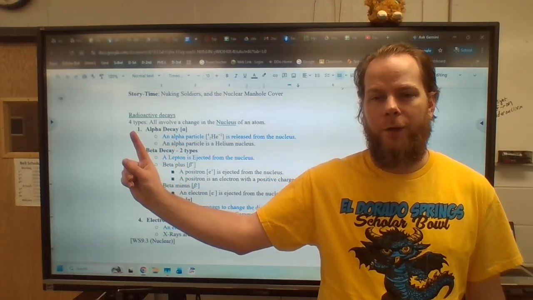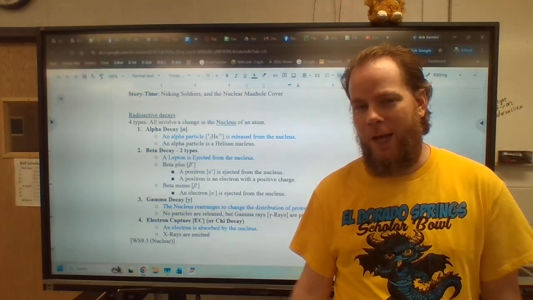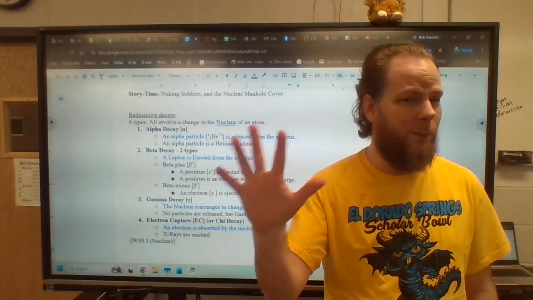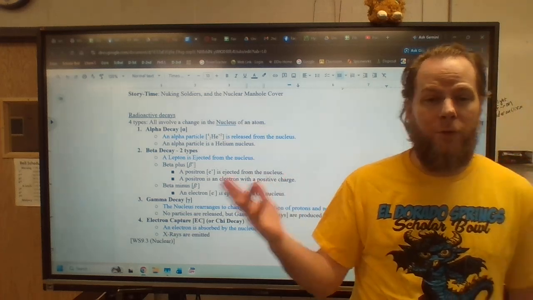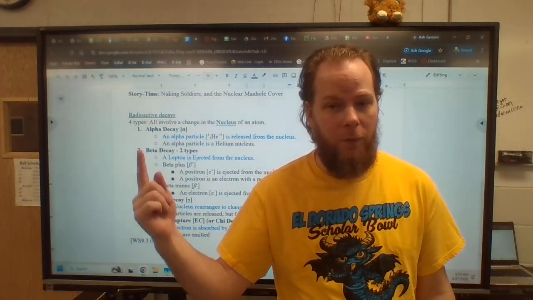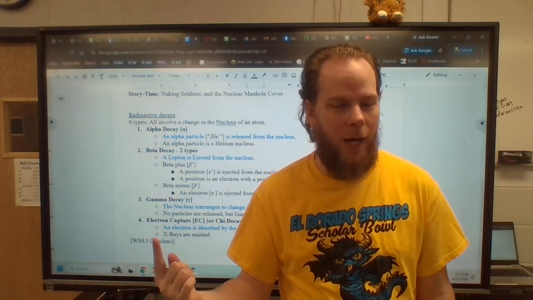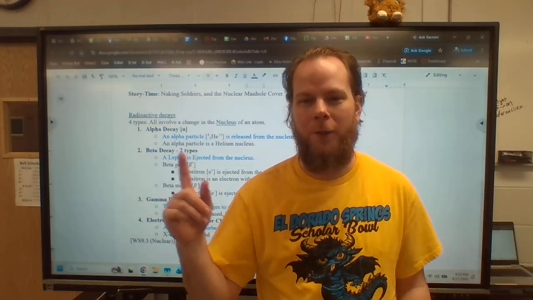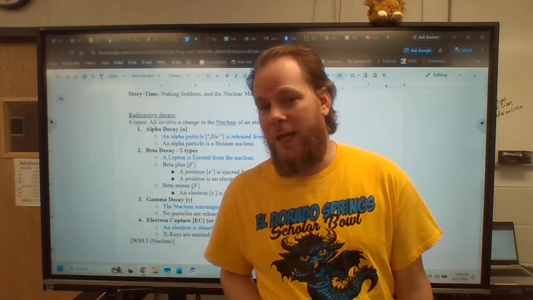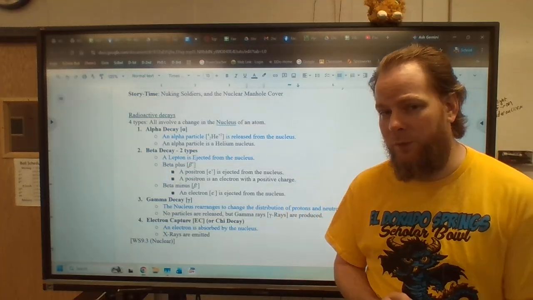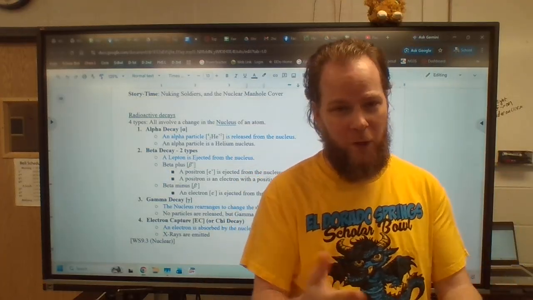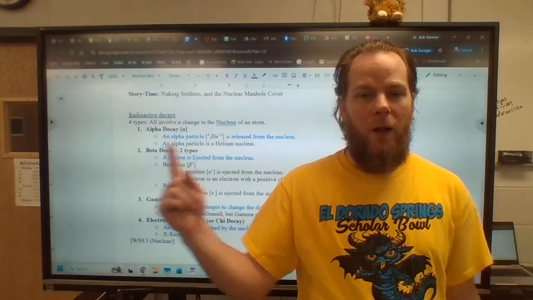So there are 4 types of radioactive decays, or 5, depending on how you look at things. They were named in the order we found them: alpha, beta, gamma, chi, which we'll talk about in a minute. Alpha decay is simply the first decay that was discovered, because it's really easy to see.